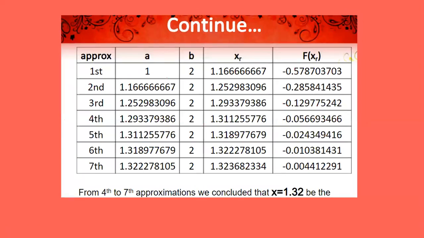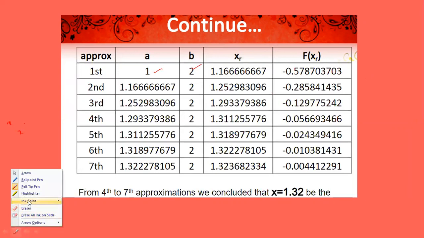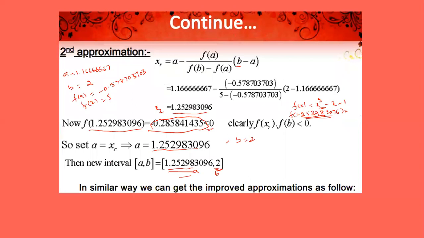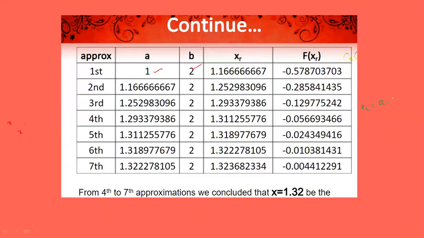See, in the first iteration, we started with 1, 2. By applying the formula, what is your iteration formula? xr is equal to a minus f of a by (fb minus fa) into (b minus a).